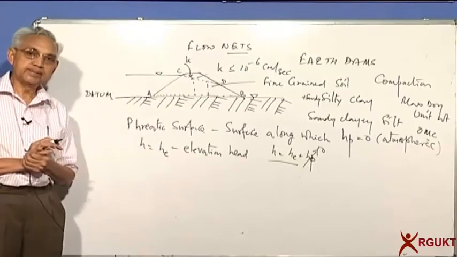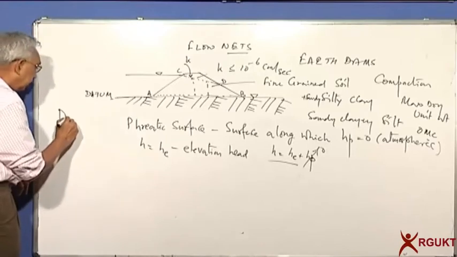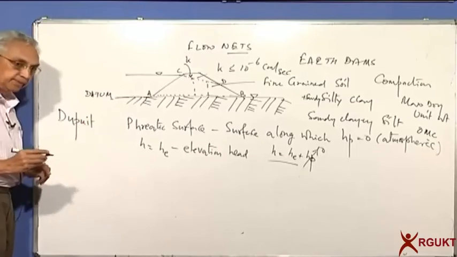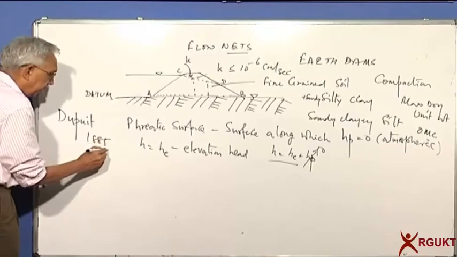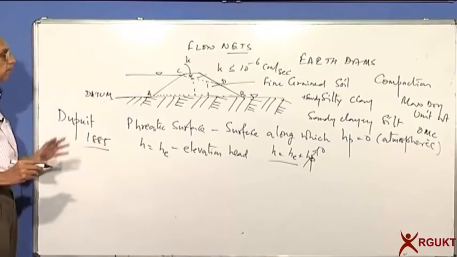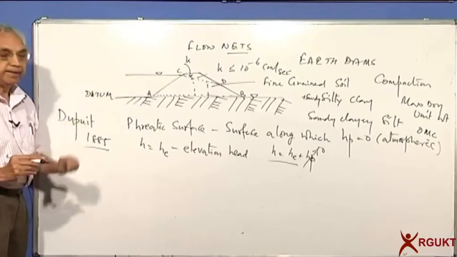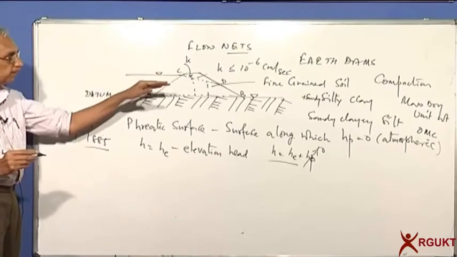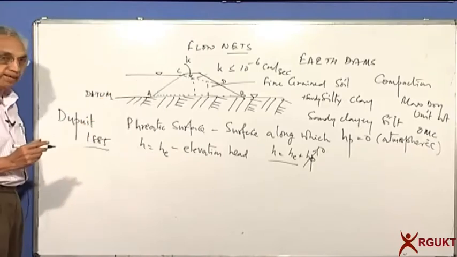We make one simple assumption, which is given by a Frenchman called Dupuy. The last T is silent, and somewhere around 1885, he said approximately the gradient is equal to the gradient of the phreatic surface for flows along relatively horizontal or not too steep lines.